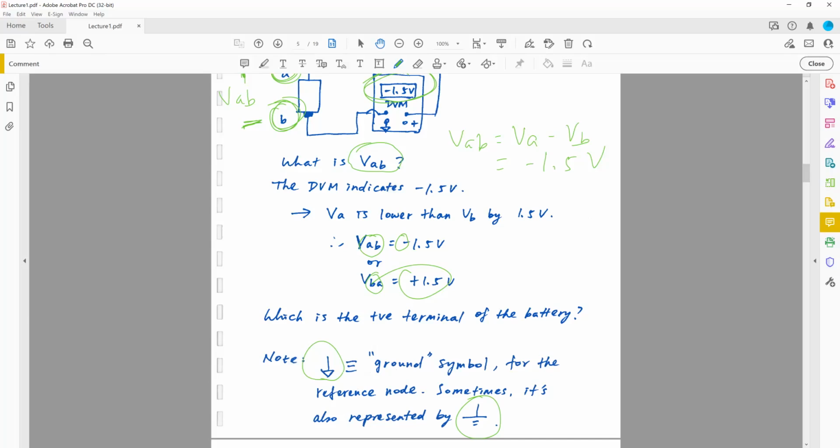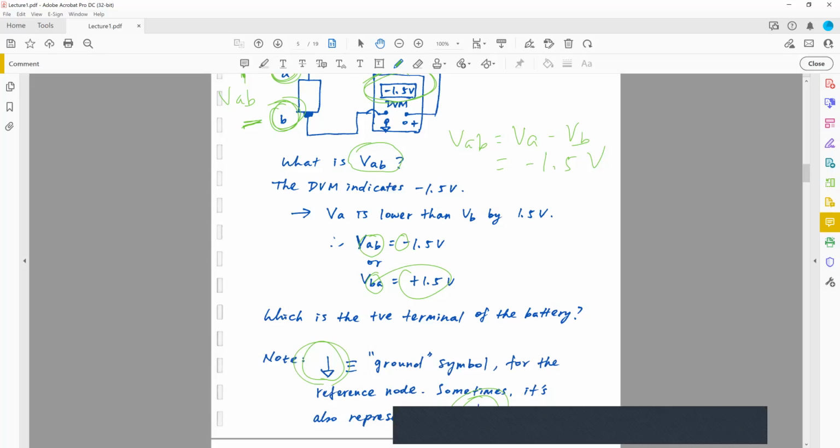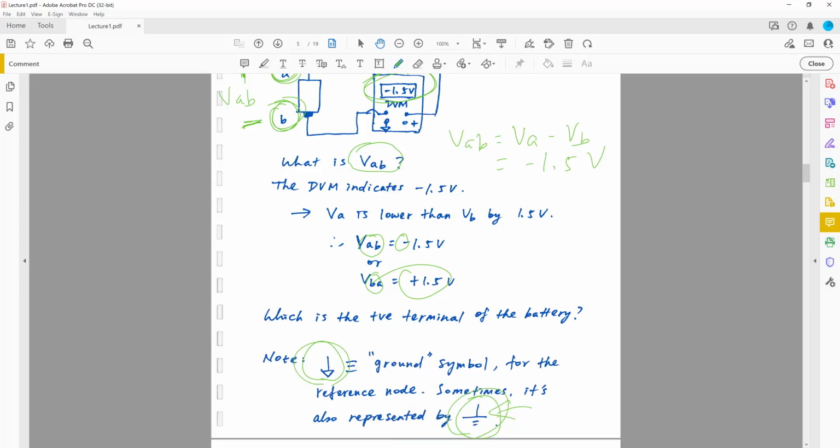I'm not trying to make a distinction between these two symbols. Sometimes I use this and sometimes I use this, but most of the time I probably use this. I just wanted to mention this so that when you read the notes, you don't get confused. They basically mean the same thing in these lecture notes.